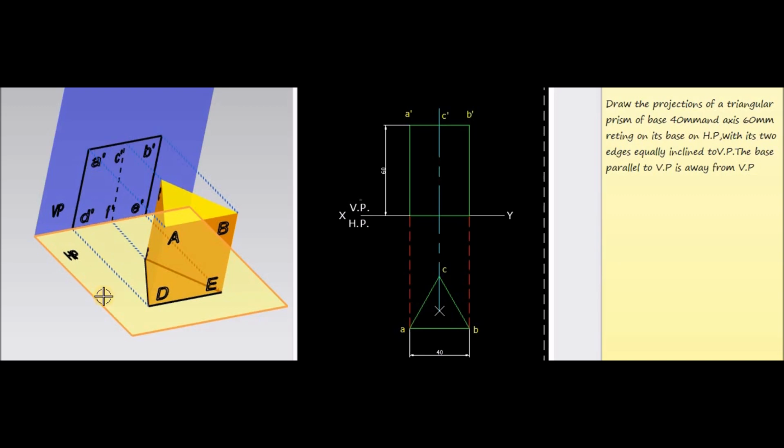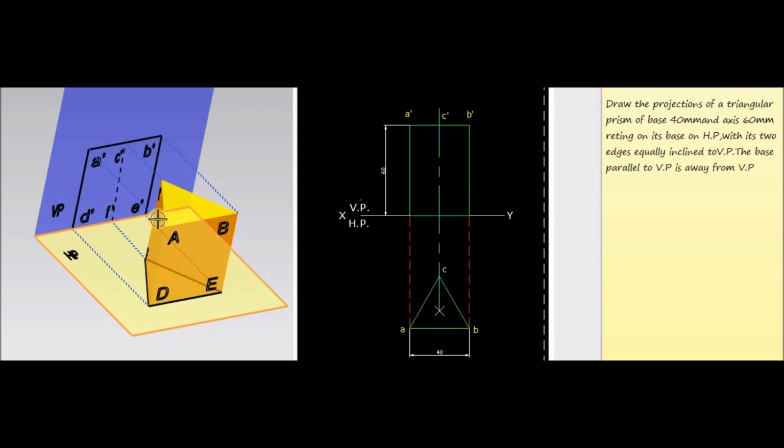The points A, D, E, B, all these corners are visible, and they are represented by A dash corresponding to the corner A, B dash corresponding to B, D dash corresponding to D, and E dash corresponding to E. And this rectangle A dash, D dash, E dash, B dash will be the front view of this triangular prism.